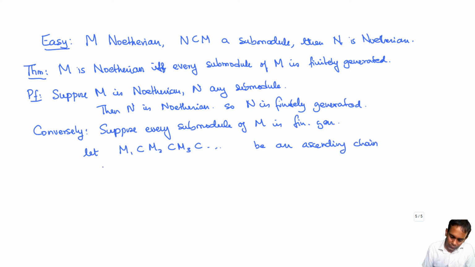Now what you can do is take M infinity to be defined as the union, n going from 1 to infinity, of Mn, and it's not difficult to show that M infinity is an R module.